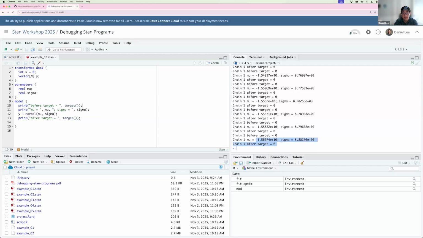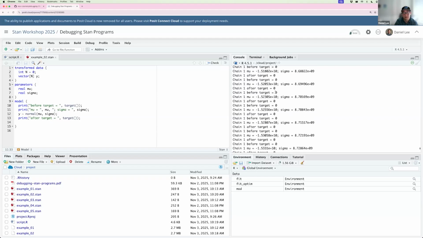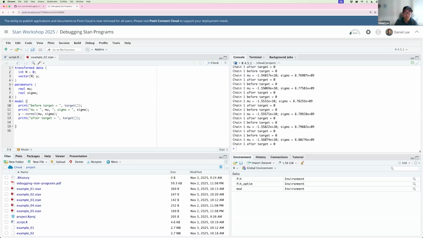My mu is this value, my sigma is that value, and the target value at the end is 0. So there's no information getting to my posterior distribution. The model is flat everywhere, so nothing I do in this block matters. If I run this again, I could evaluate the number 0, the number 1,000, and it'll still be 0.